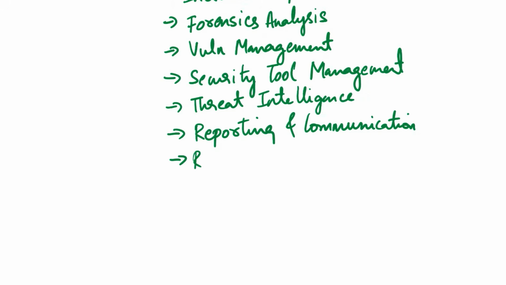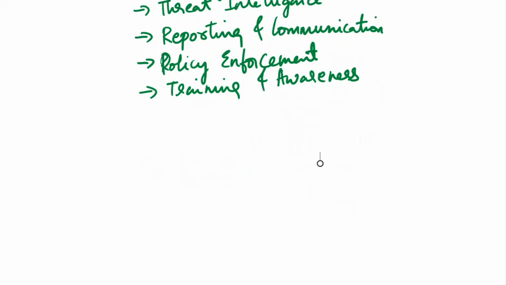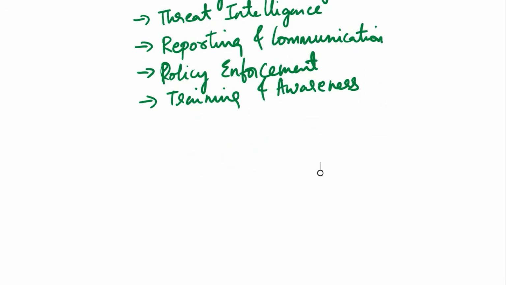Next key responsibility is policy enforcement. That is to enforce security policies, procedures, and best practices across the organization. Next is training and awareness. SOC is responsible for promoting security awareness and conducting training programs for employees to reduce security risks.